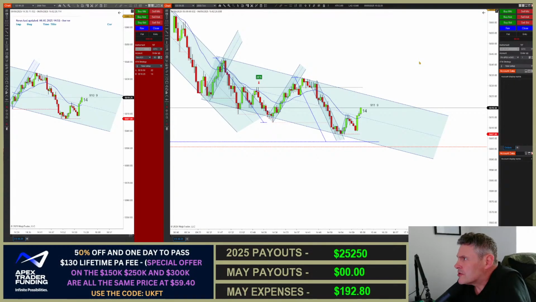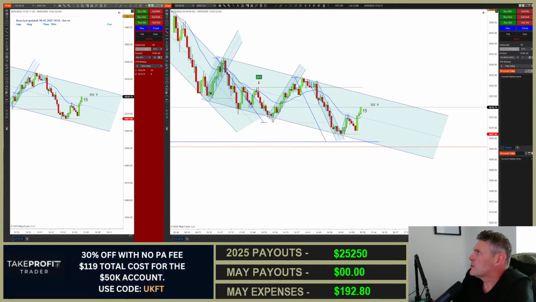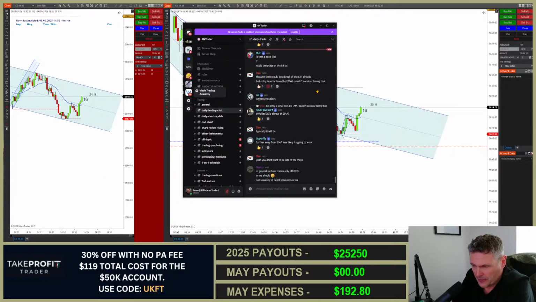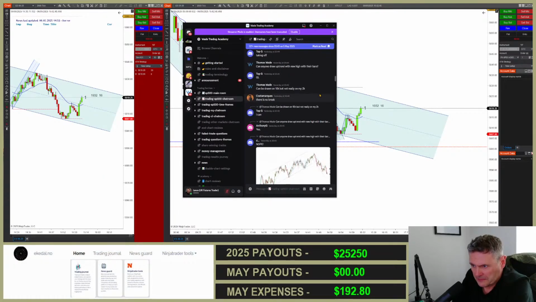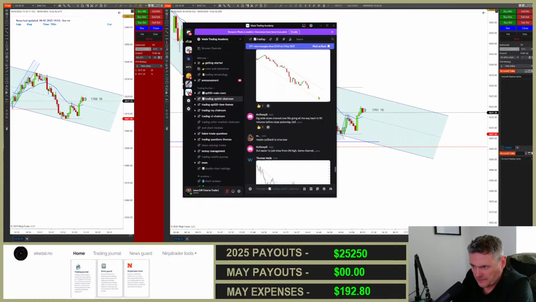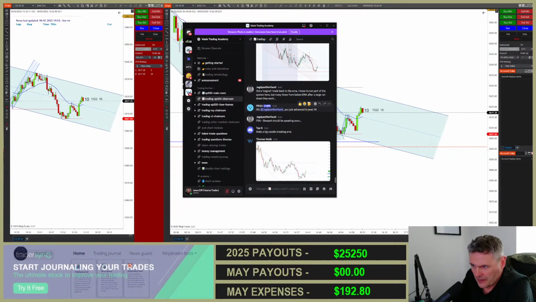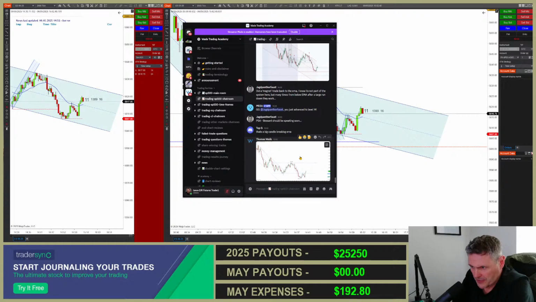Still not sure I trust a shallow downtrend if there's just a slow one. I think part of the reason why I drew it is Dan's got it currently. I don't know if anybody else has got it. So Thomas hasn't.